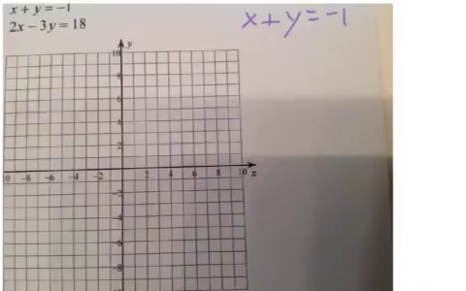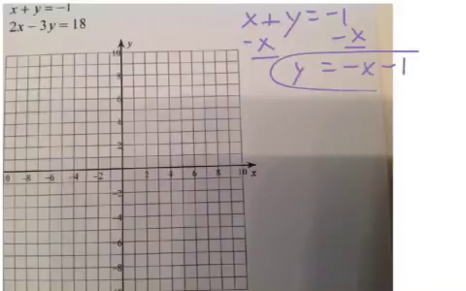So notice I'm going to take the first equation, and solving for y, I'm going to minus x both sides. And y, I know, is minus x minus 1. And therefore, on my graph, I'm going to start down here at negative 1. And the slope is negative 1, so I'm going to go down 1 over 1, down 1 over 1.